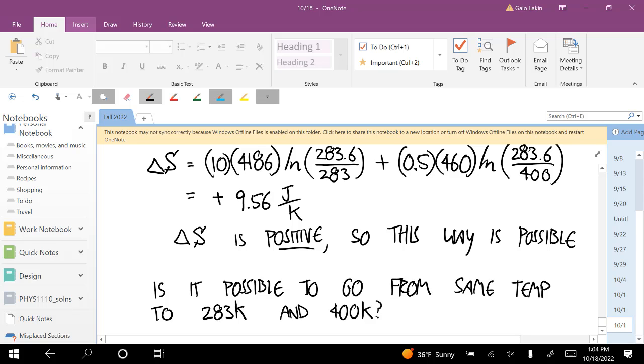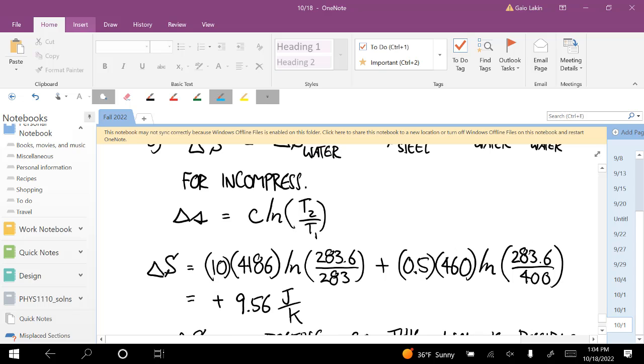Well, notice the only thing you'd be changing there is what you're calling T1 and T2, so you'd just be changing that fraction.